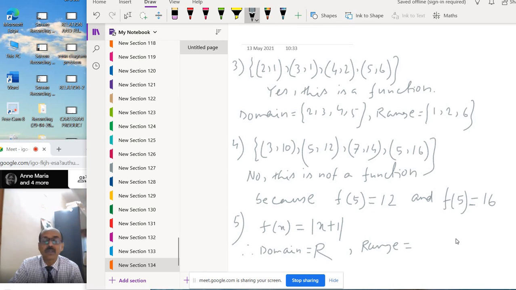If you take x equal to minus 2, then minus 2 plus 1 is minus 1. But the mod of minus 1 is plus 1, positive only. We know a mod value is always positive.